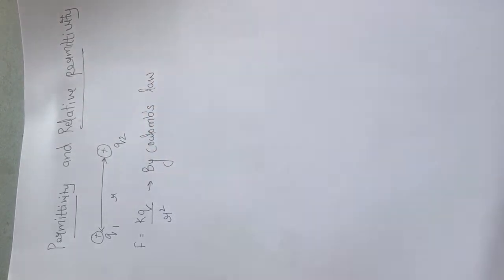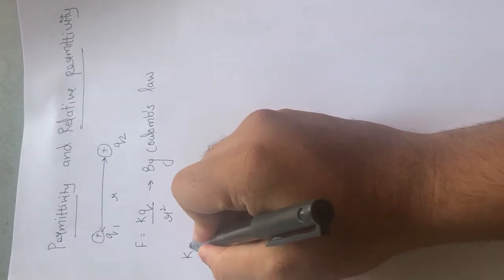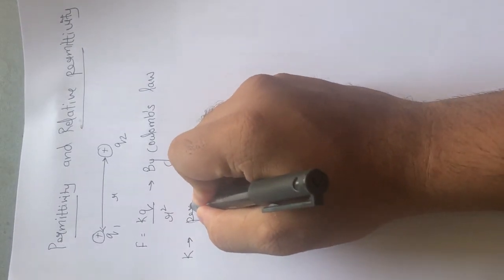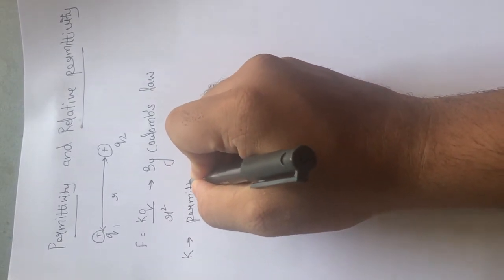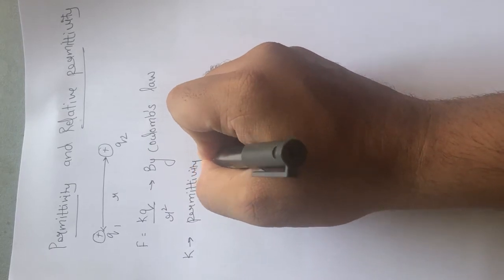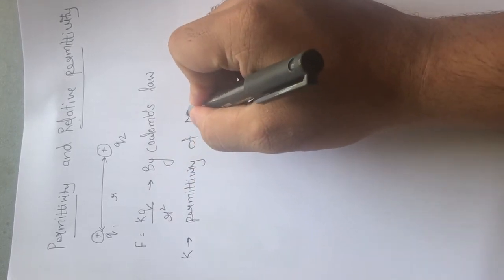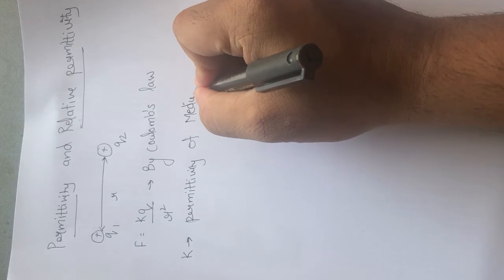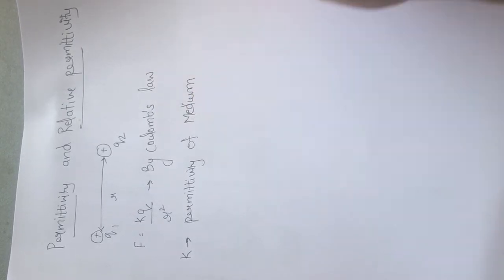Actually it is not q, it has to be the product of q1 and q2, and even if the charges are the same, it becomes q square upon r square. So there's a mistake here, you need to correct it: F equals k q1 q2 by r square, where k is the permittivity of the medium.